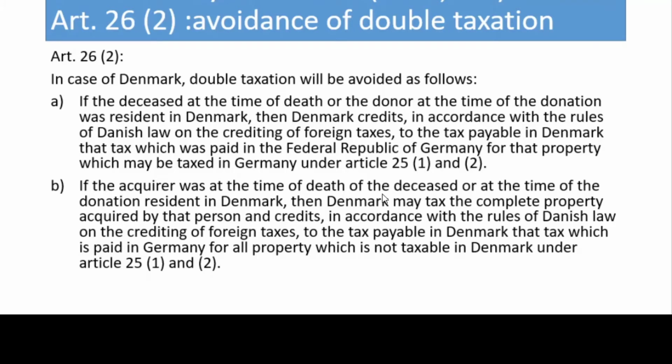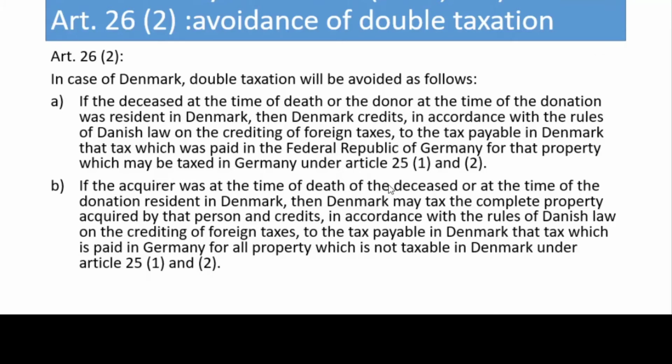So in case of Denmark, there is avoidance of double taxation only in the following cases. If the deceased at the time of death was resident in Denmark, no, he was not. And if the acquirer at the time of death of the deceased was resident in Denmark, no, he was not. So there is no authority or no right for Denmark, no obligation for Denmark to avoid double taxation.